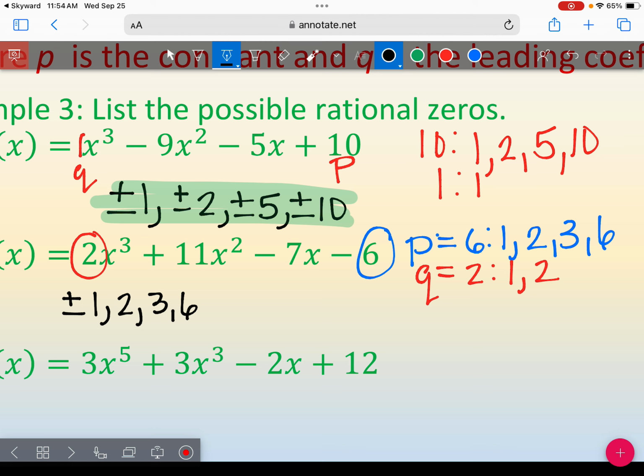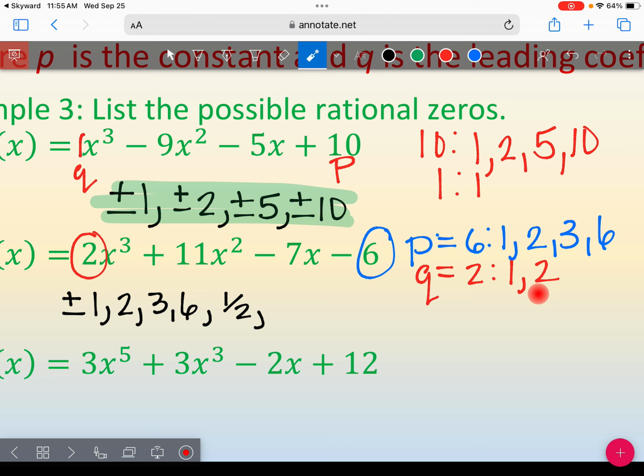Now let's take those 4 numbers and divide them by 2. So let's start with the first one. 1 over 2, so plus and minus 1/2. That also needs to be in our list. Now if I take 2 divided by 2, what is 2 divided by 2? 1. Oh wow, I'm a little sleepy, I got nervous. 2 divided by 2 is 1.